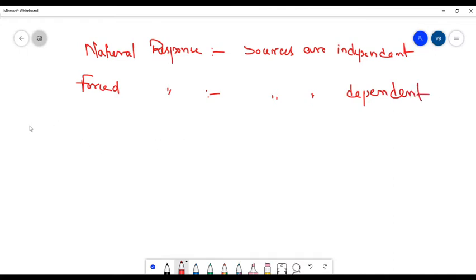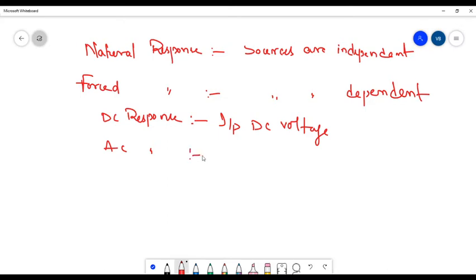So let us take, first, DC response and AC response. In DC response, the input will be DC voltage. In AC response, the input will be AC voltage, nothing but varying with time.